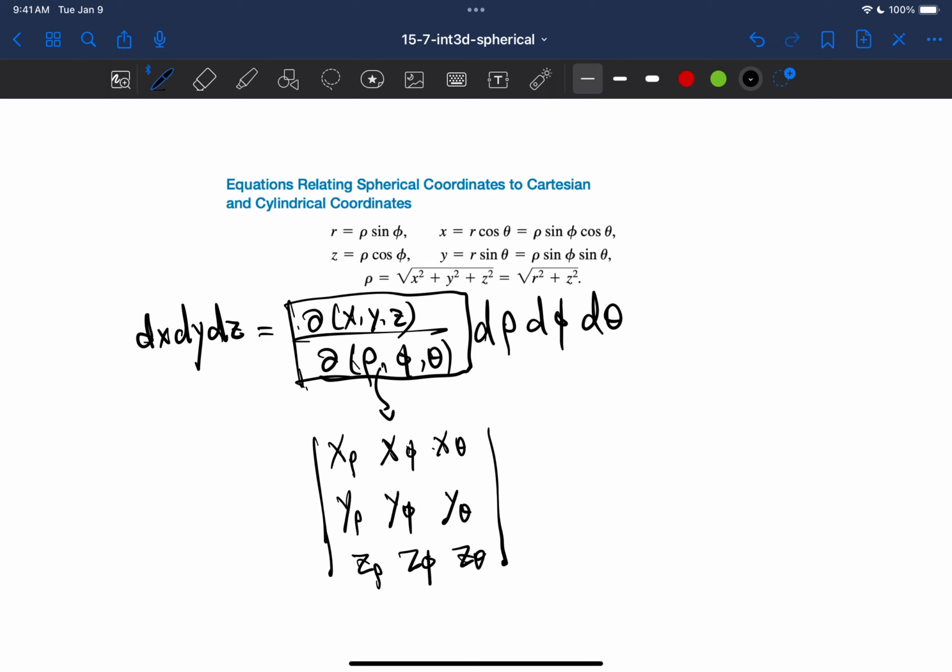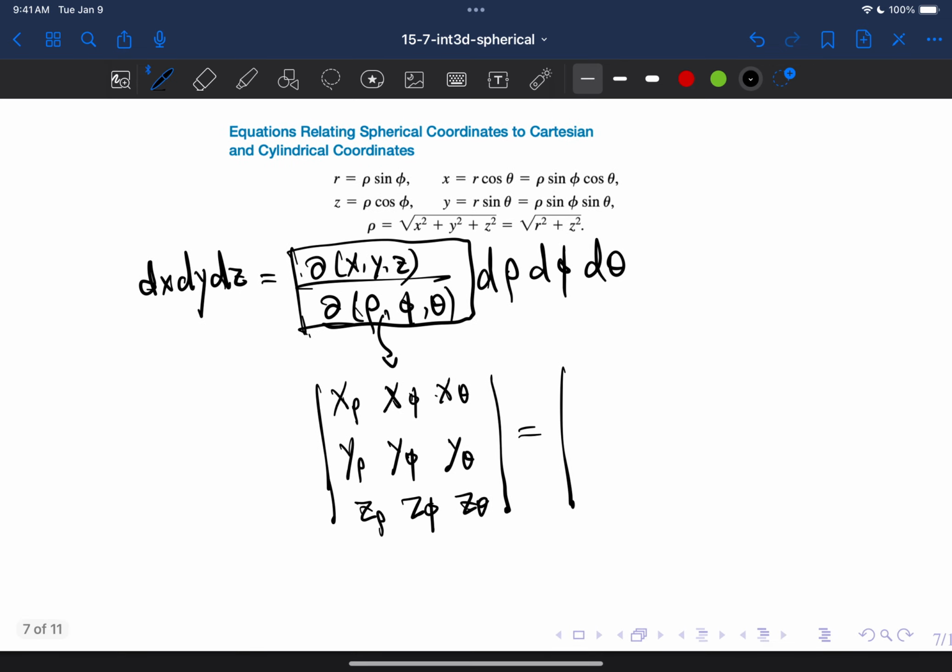And we can calculate what x rho is. From here, x equals rho sine phi cosine theta. Take the rho derivative, then it is sine phi cosine theta.